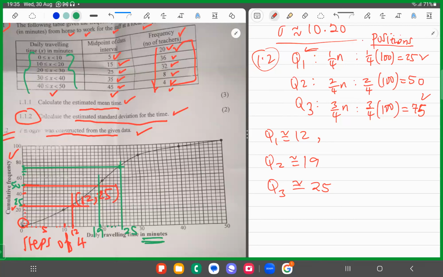We're going to finish this calculation just now. I want us to draw the box and whisker plot here and make sure that we're good. So now we continue with our box and whisker plot.